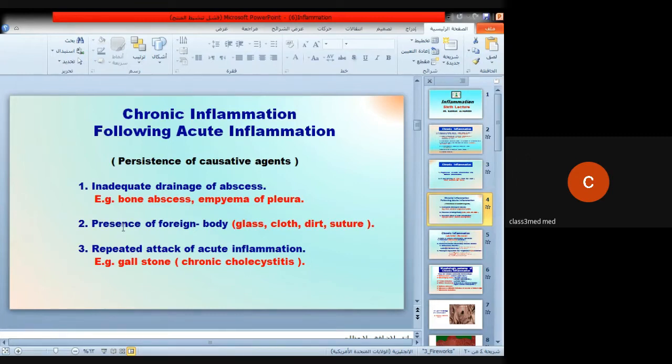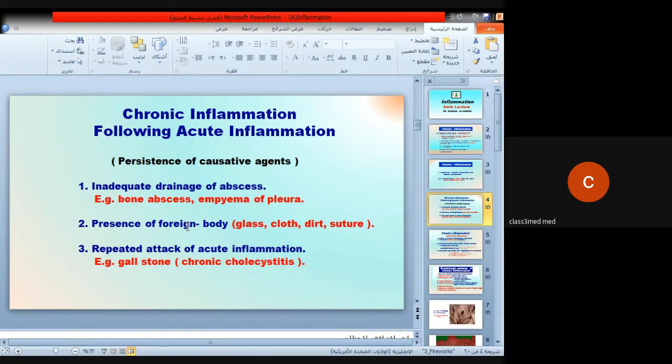Presence of a foreign body. How does a foreign body enter the body? Especially in road traffic accidents, pieces of glass, door parts, dirt may enter the wound in the skin and remain as a foreign body. Or suture material. Sometimes after a surgical operation, the suture material is not absorbed by the body.